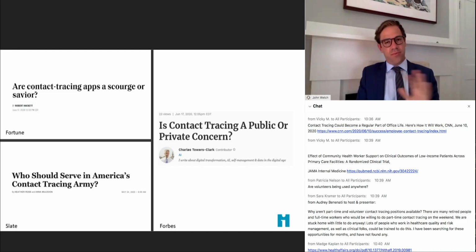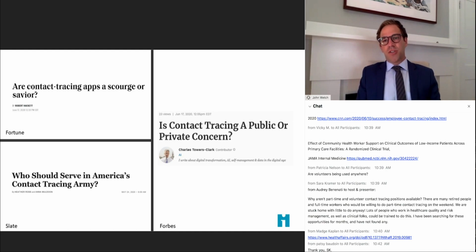There's no replacement for an empathetic ear. And I think that was sort of Shreya's point in that it's more than providing information about what safe isolation and quarantine is, but being that empathetic ear. And I think the value that the community health workers bring is the shared lived experience.